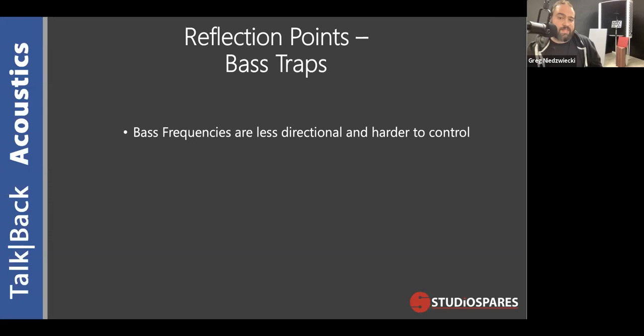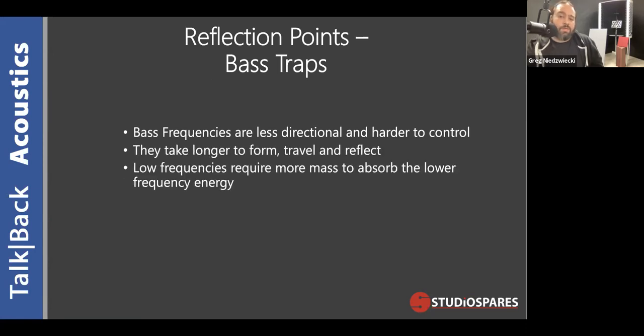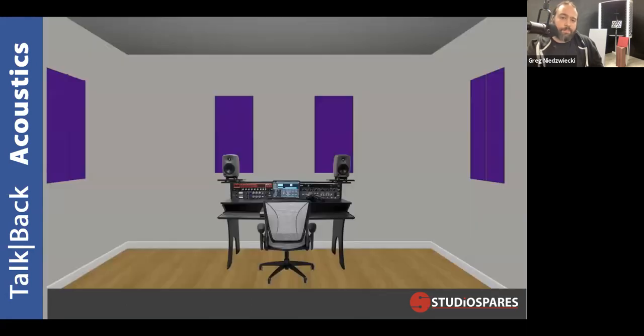It's much harder to predict how it will travel, as it takes longer to form, and it can collect around corners, travel down walls, up to ceilings, and then come back in completely random positions. So what you're looking to do there is put down bass traps, such as corner traps or something like that, which are much thicker, have much more mass, which will absorb the energy.